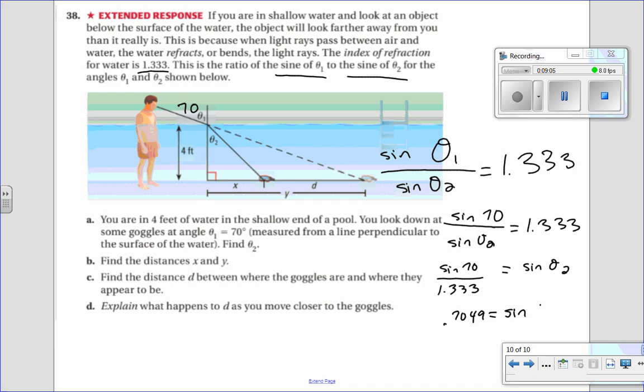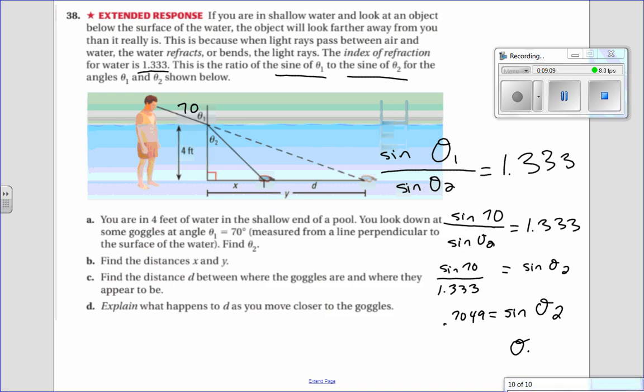And then I'll just use the sine inverse, and I'll have my theta 2. So sine inverse both sides. I got theta 2 to be 44.83 degrees. Any problems with that part? Yeah, I was slightly off on my paper, but I was missing a 3. So 44.83 degrees. And I can label that.